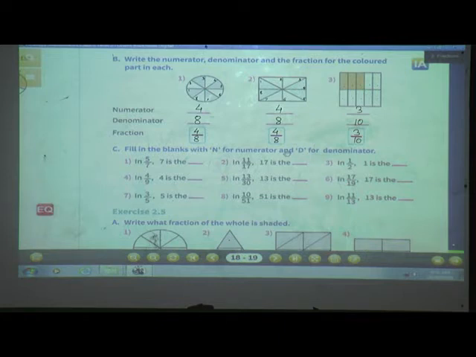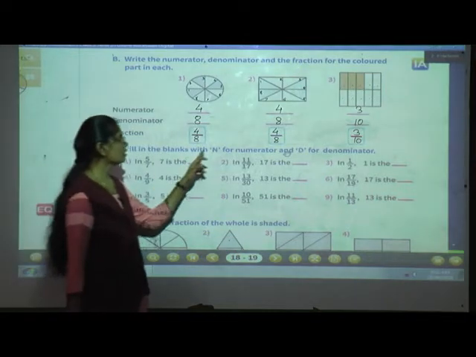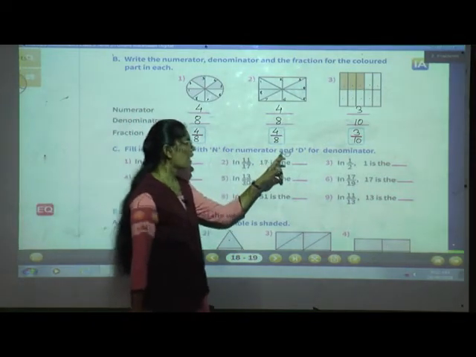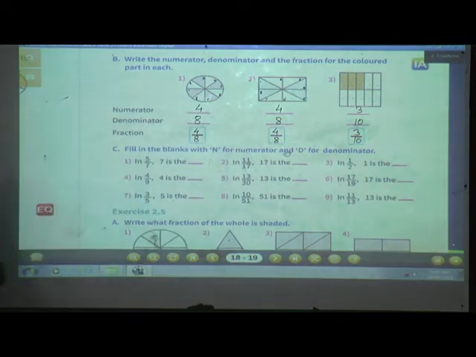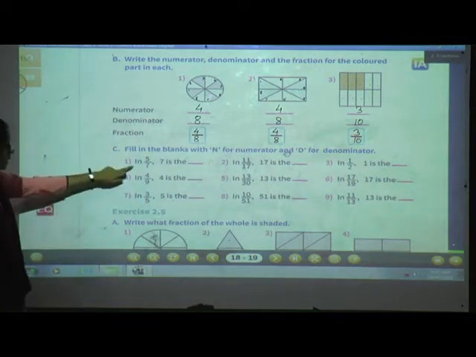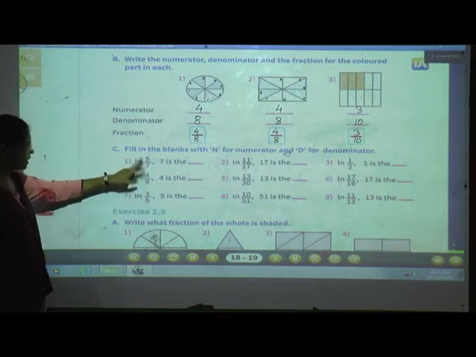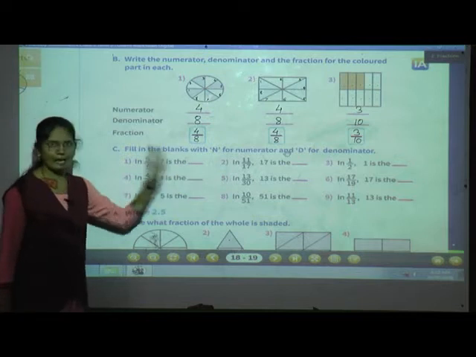Read the question. What is the question? Fill in the blanks with n for numerator and d for denominator. Let us see the examples. See the first one. In this fraction 5 by 7, 7 is the dash.